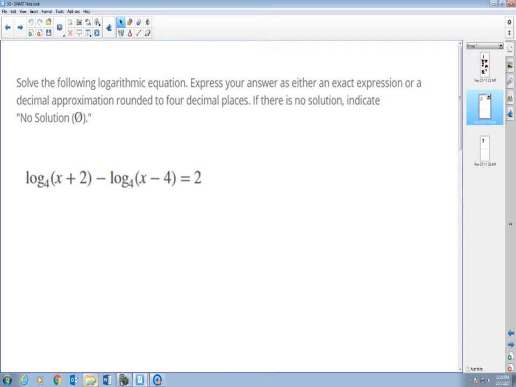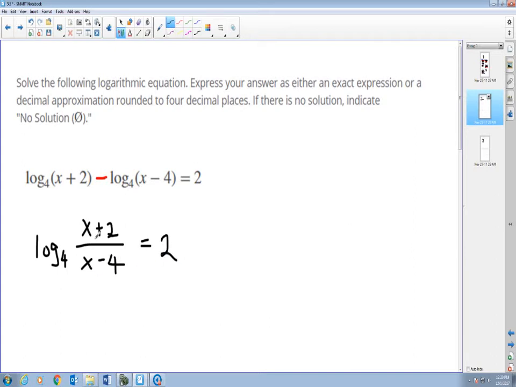Rewriting the subtraction as a single logarithm, that would be log with base 4 of x plus 2 over x minus 4, equal to 2.